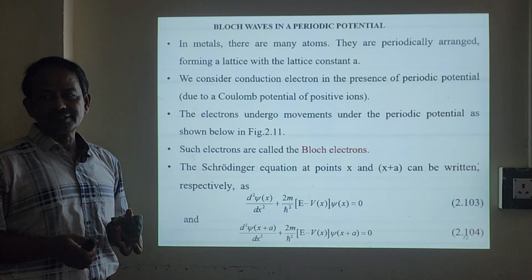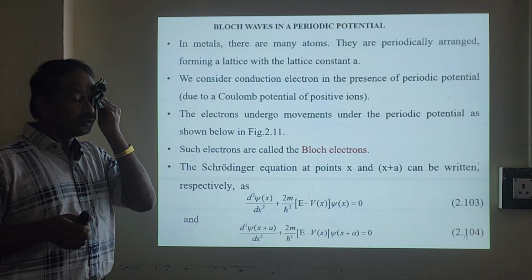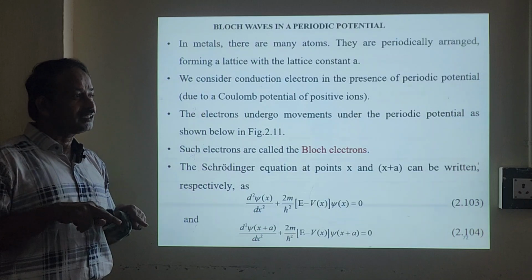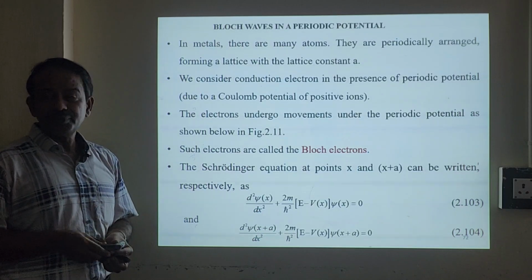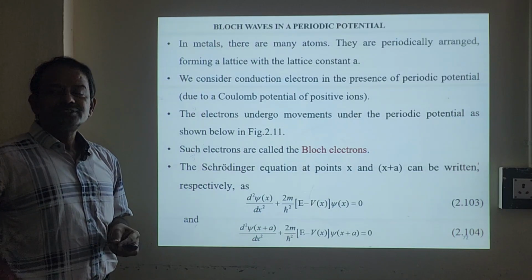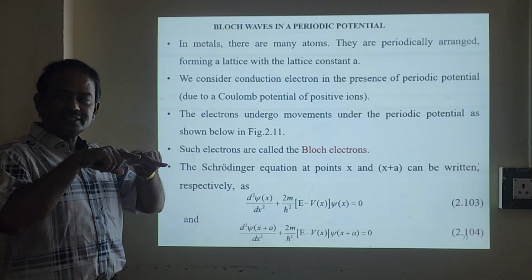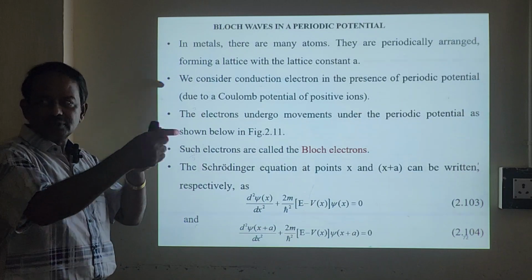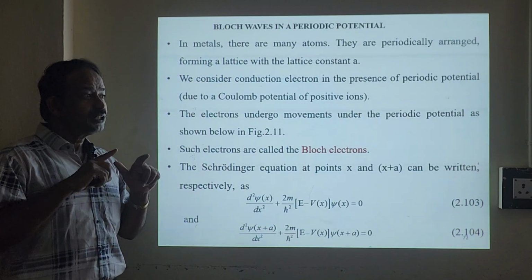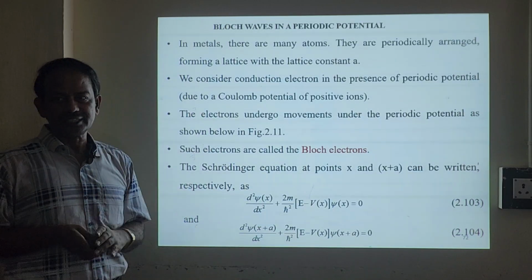But actually speaking, the electrons will move in a lattice, in the crystal, periodically. The periodic potential exists, so a varying potential exists. Electrons will go in a crystal from one ion to another ion periodically with a variation of potential. It is not a constant potential. This is reality.